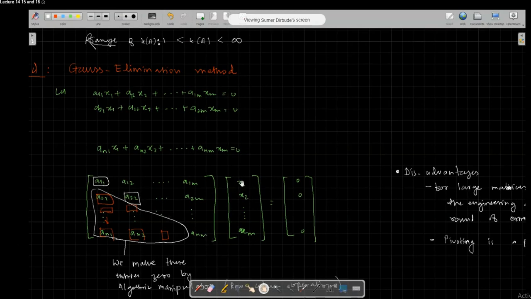The centers of interest are x1, x2, xn, and correspondingly their coefficients are called central coefficients, which are on the diagonal. So you may do operations such that you also need to divide by these elements.